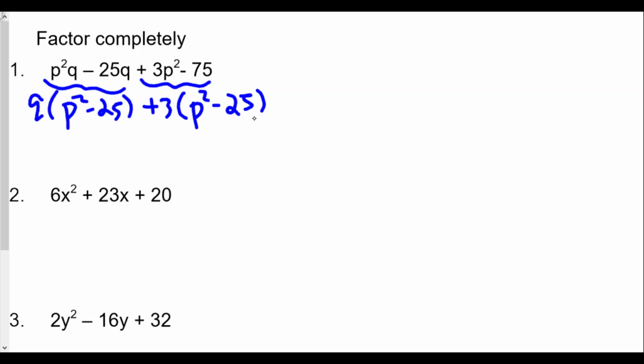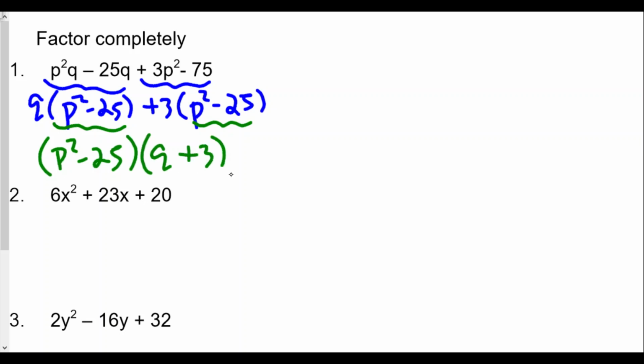All right, worked out great, because we have a p squared minus 25 for both of them, which means now the GCF for the two terms, q times p squared minus 25 and 3 times p squared minus 25, will be p squared minus 25, leaving us with q plus 3.